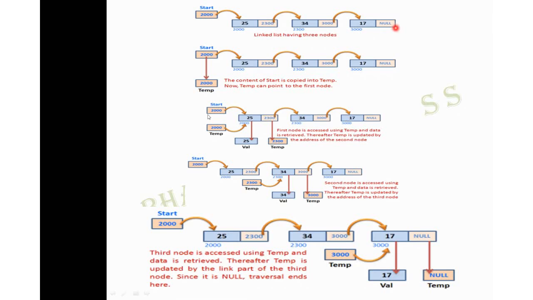With the help of 2 variables, start and temp, and another variable, val, we are just checking and moving in a sequence. This sequence is present in the diagrammatic representation.